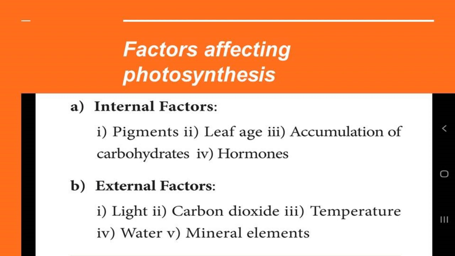And the next is external factors: light, carbon dioxide, temperature, water and mineral elements. Due to the lack of sunlight, carbon dioxide, temperature, water and mineral elements, photosynthesis is affected. These are the two kinds of factors affecting photosynthesis.